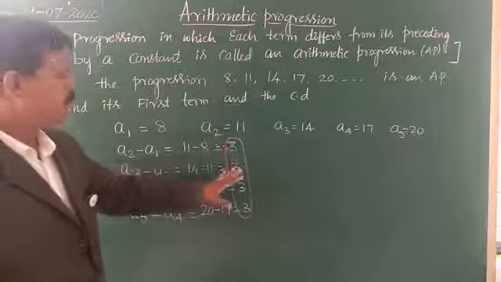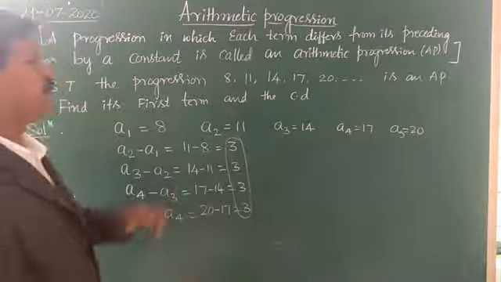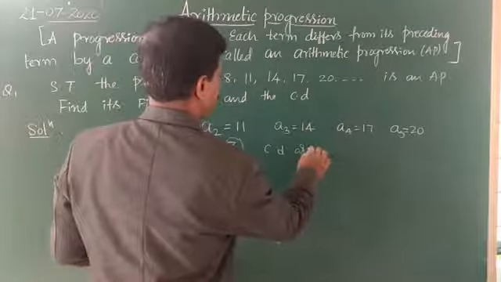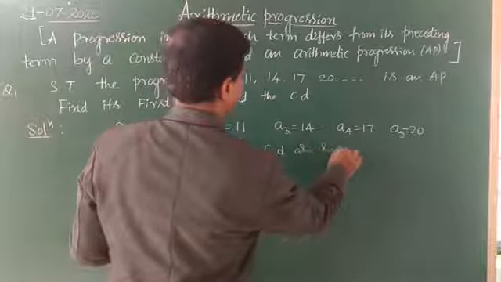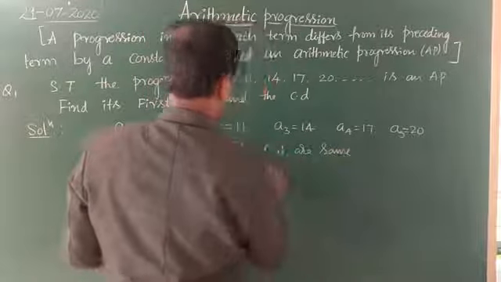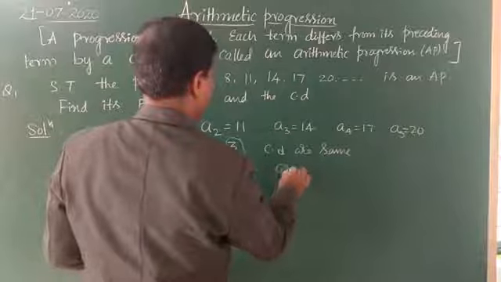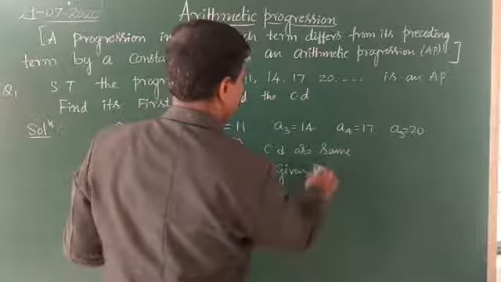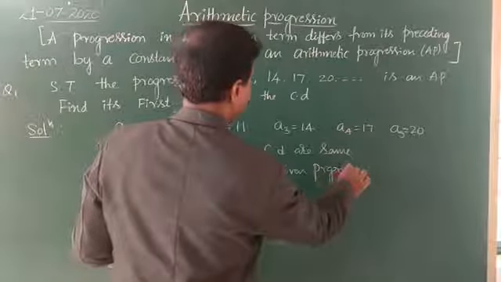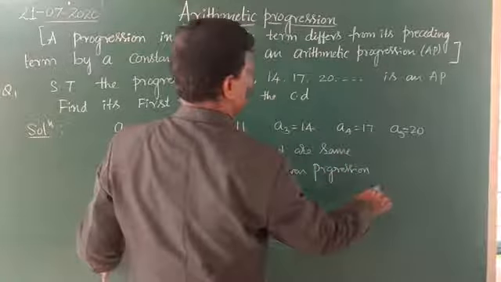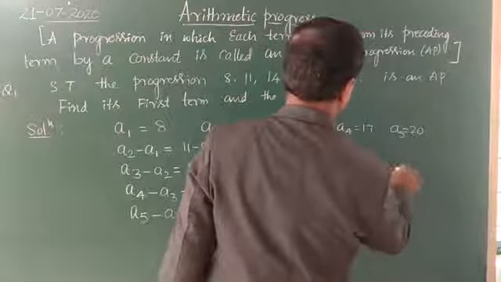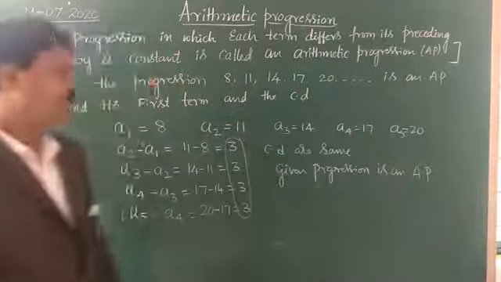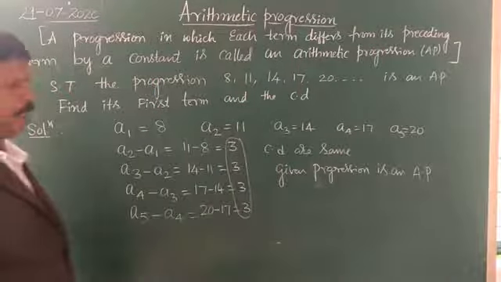So the common differences are all the same. Therefore, the given progression is an AP.